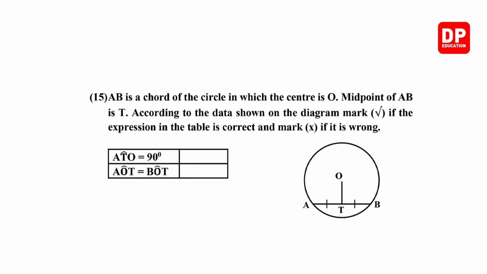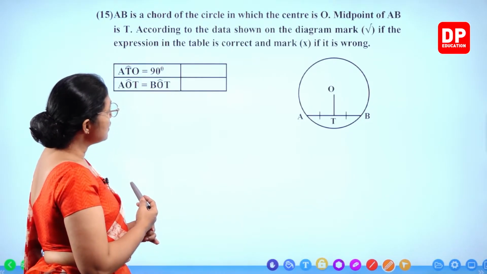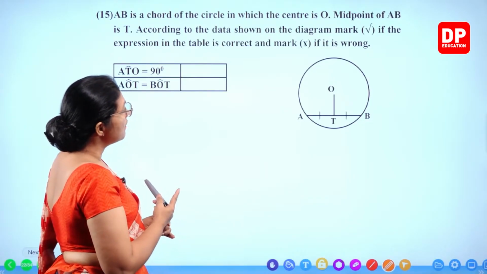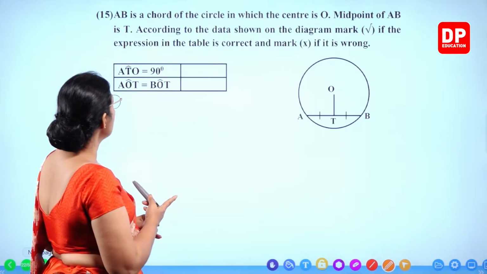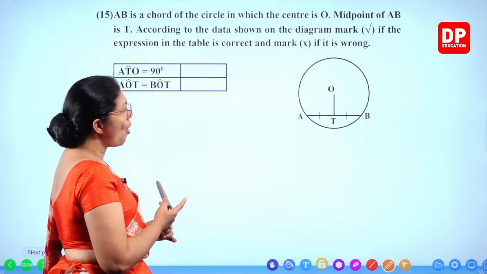Question number 15. AB is a chord of the circle in which the center is O. The midpoint of AB is T. According to the data shown on the diagram, mark a tick if the expression in the table is correct and a cross sign if it is wrong.